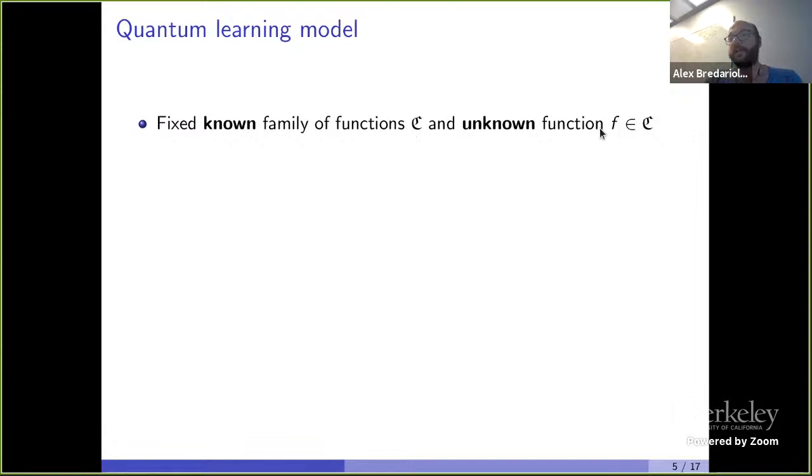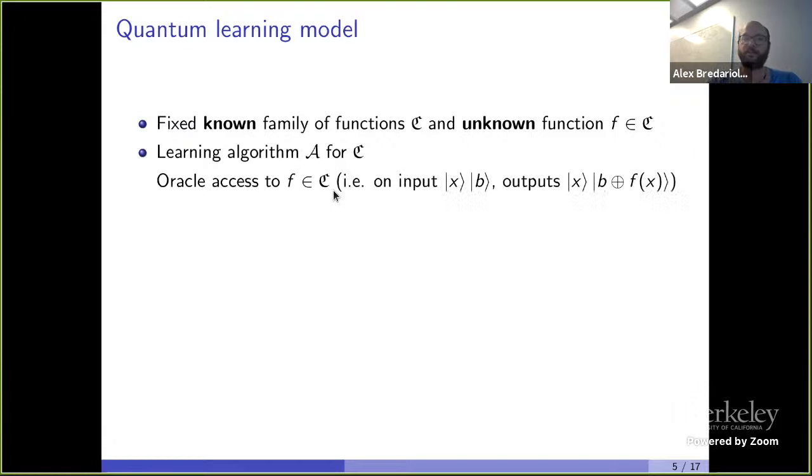And we fix a specific function f that can be computed by this family of circuits. What we're interested in is learning algorithms for the circuit class. The learning algorithm has oracle access to this unknown function. Here we use the standard quantum query model, where on input x and b, this oracle outputs x and b XOR f of x.